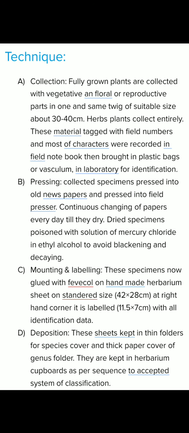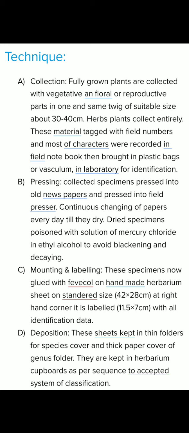The second point, very important during field study, is the technique of herbarium. The technique of herbarium is grouped into four groups: collection, pressing, mounting and labeling, and fourth, deposition.